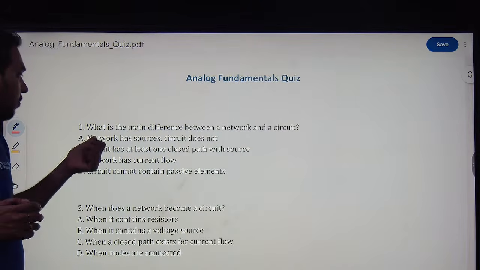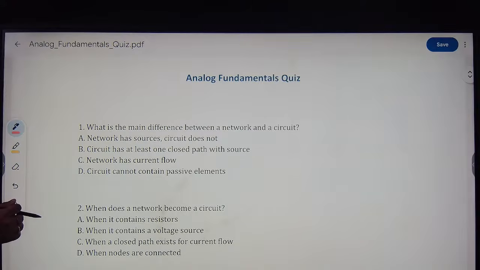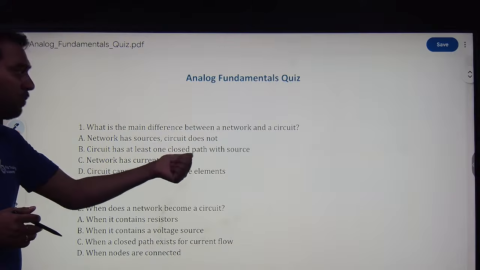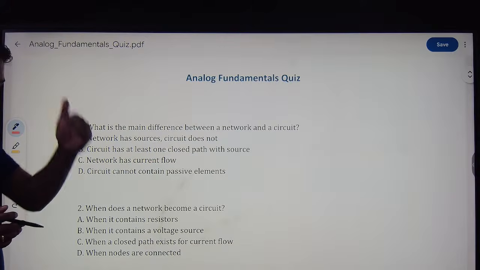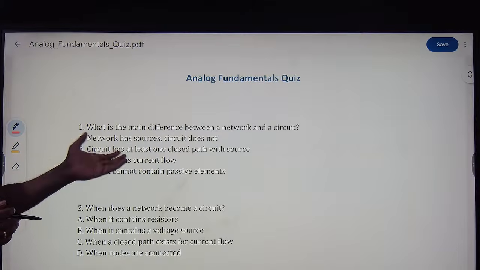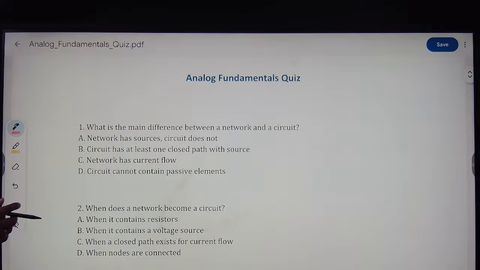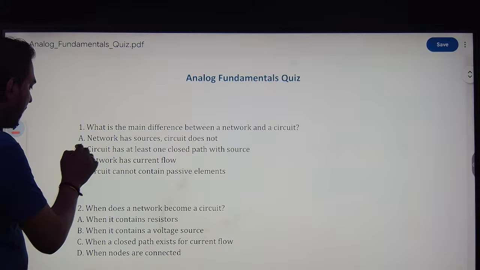Network has a source, circuit does not: that first option is not correct. Circuit has at least one closed path with the source. Of course, it must have one closed path so that current can flow, and it must have a source, only then can current flow. So this will be option B, the right one.